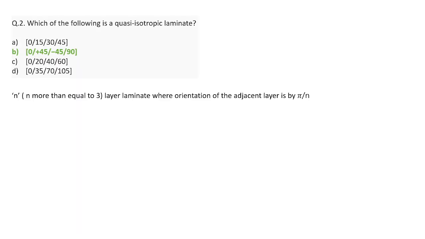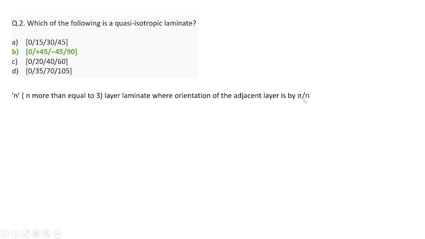So next is, which of the following is a quasi-isotropic laminate? Sir taught in class that quasi-isotropic laminates are those which have more than 3 layers, and the orientation of the adjacent layers is such that the orientation difference is equal to pi upon n, where n is the number of layers. So in the options, you can see all of them have 4 layers.